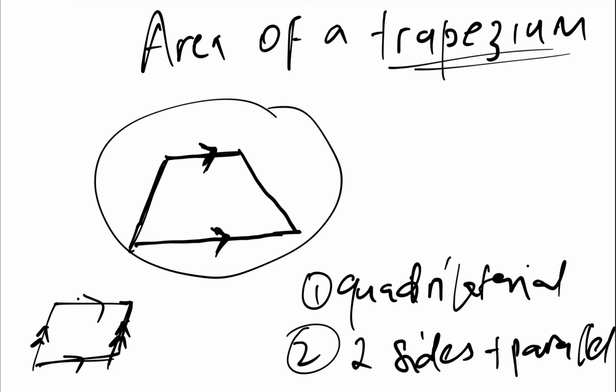Another thing, for a parallelogram, this side is equal to this one, and this one is equal to this one. Whereas for a trapezium, this side won't be equal to that one, because the moment they become equal, that shape will no longer be a trapezium, but a parallelogram.